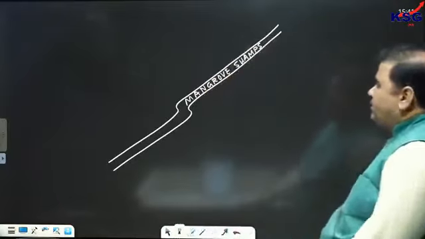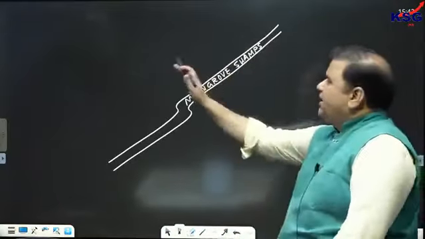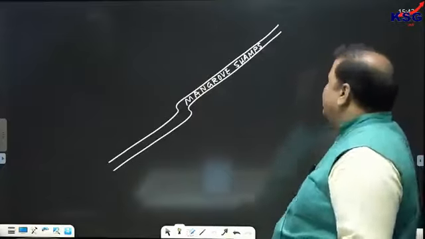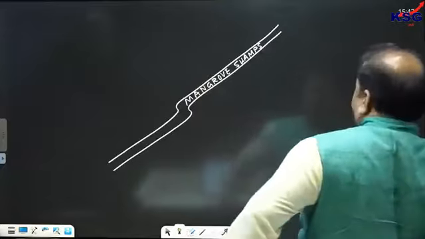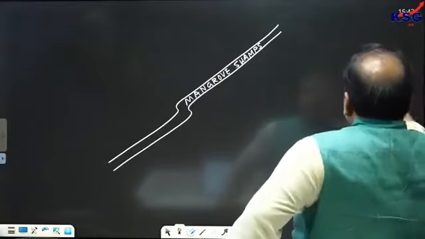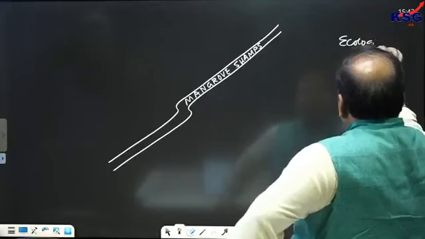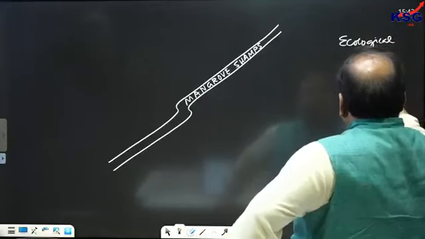On one side is the land, here is the water. So the next principle that you have to know is called ecological productivity.